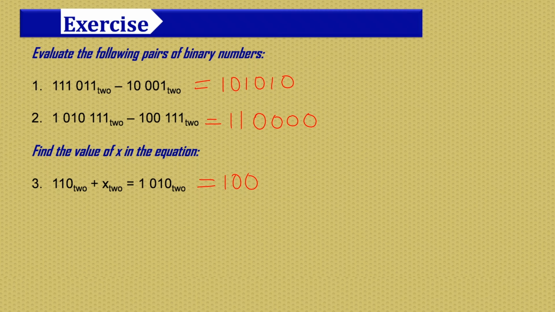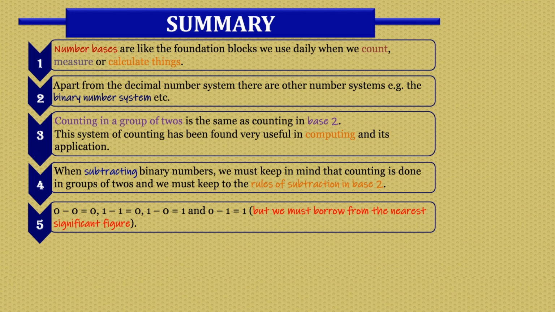But before we go, let's look at all we've learned in a summary. First, we learned that number bases are like the foundation blocks we use daily when we count, measure, or calculate things. Secondly, we learned that apart from the decimal number system, there are other number systems. For example, the binary number system, and so on.